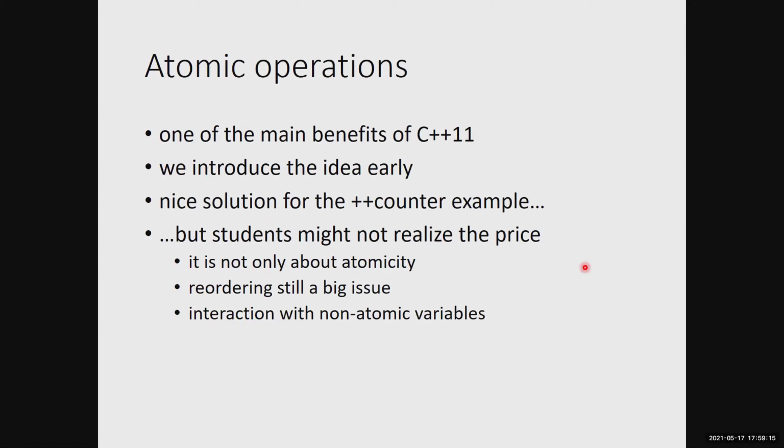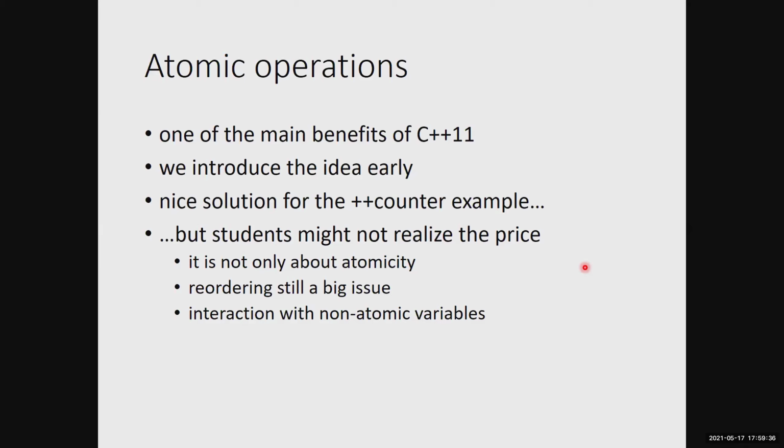Okay, so then we talk quite early about atomic operations to motivate them what great stuff they can do if they really get into C++11 and move from, let's say, POSIX. We introduce this early because it's a really nice solution to this counter increment example.